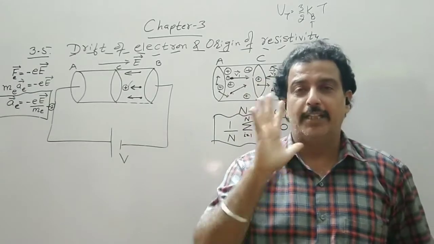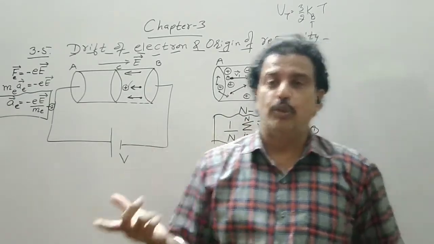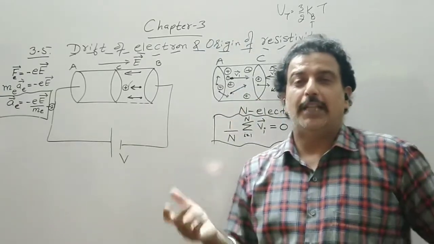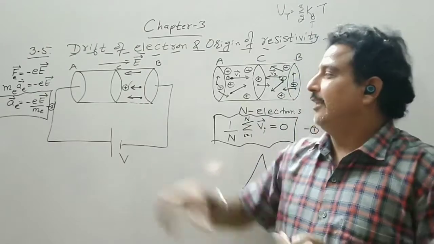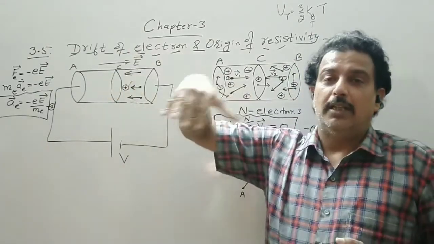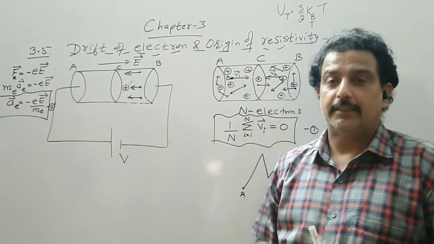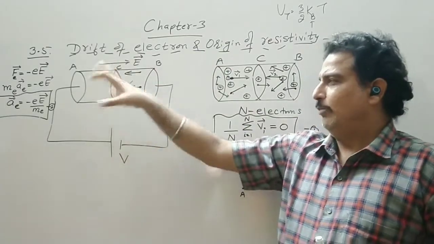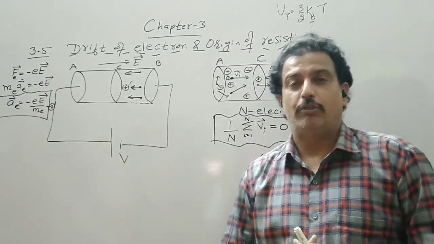Ions are fixed at their mean position. So energy due to position is potential energy. So that kinetic energy is converted into potential energy, and they start oscillating, and the magnitude will increase. That we are leaving, the motion of ions. We will talk about this when we study the loss of energy.